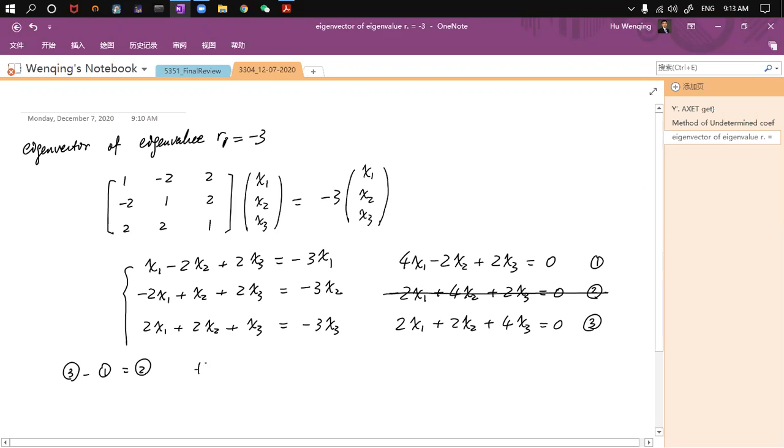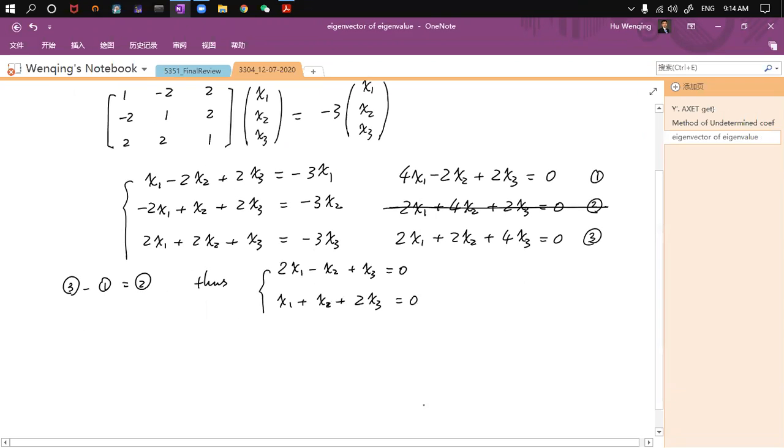So thus this is going to give you 2 times x1 minus x2 plus x3 is equal to 0, and x1 plus x2 plus 2 times x3 is going to be 0. Is that good, family? Okay, so that's going to be the scenario.